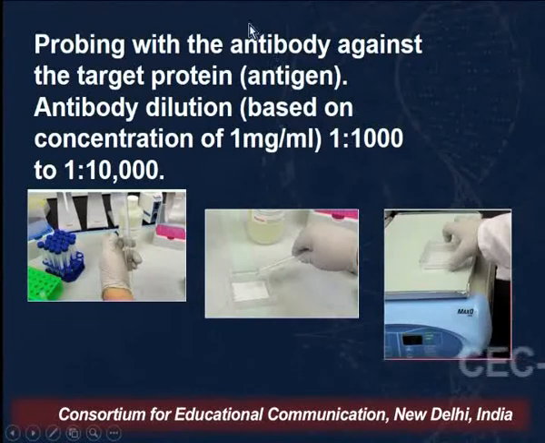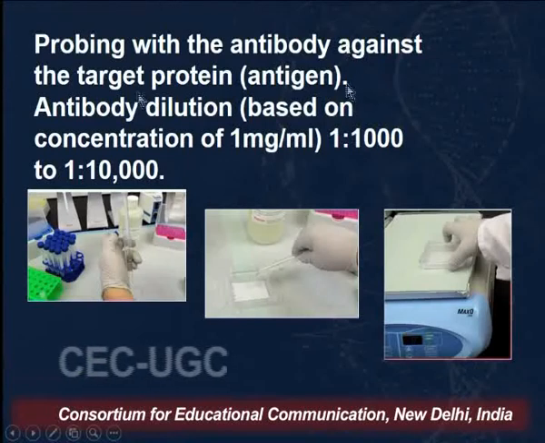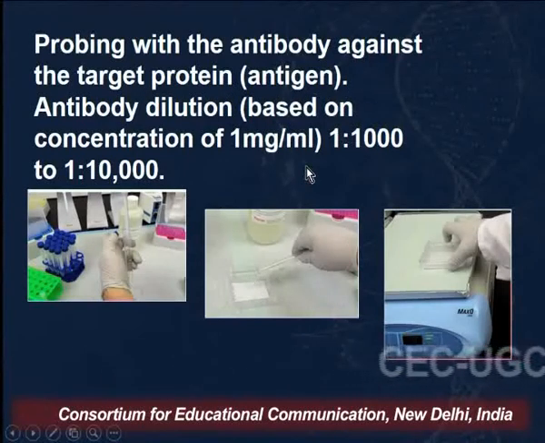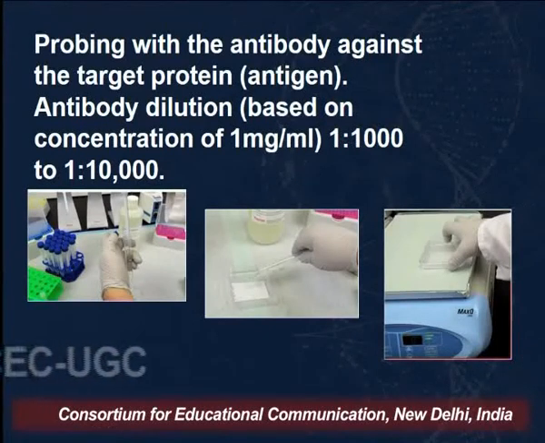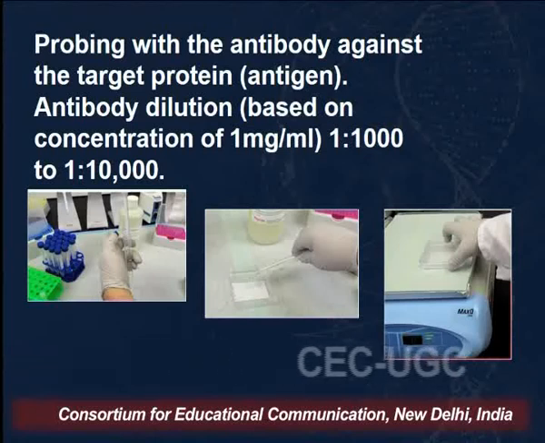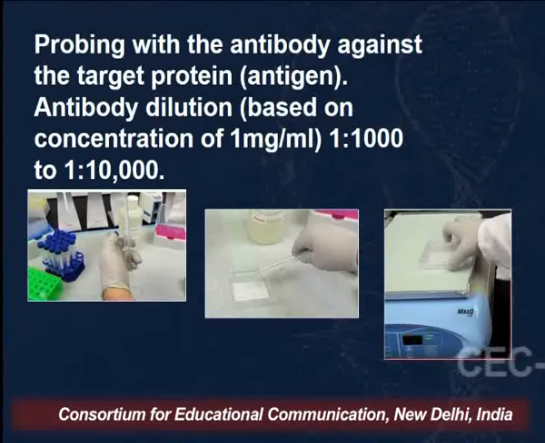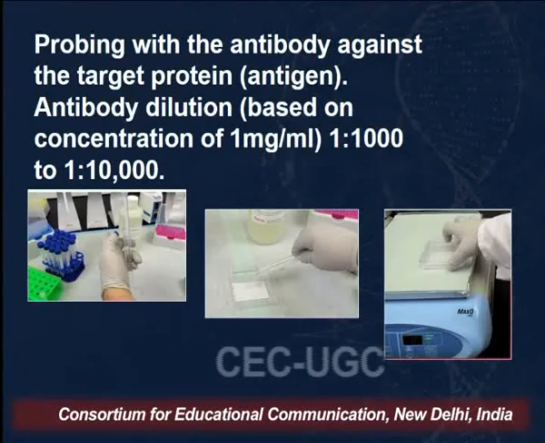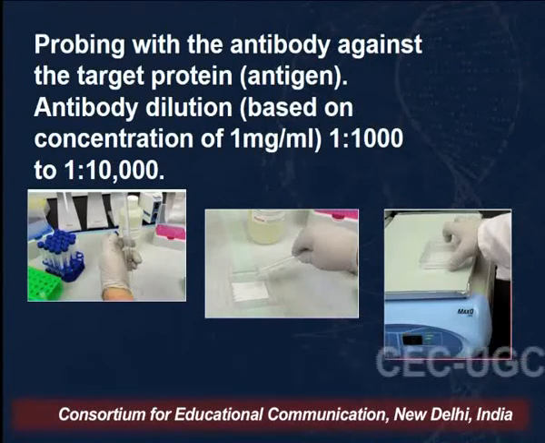These antibodies are raised against the target protein, which is the antigen, and therefore they will specifically bind to our protein of interest, because we use the antibody against the specific protein. Now if we are trying to identify certain general proteins, antibodies may be commercially available for them, and therefore you can just buy that antibody.